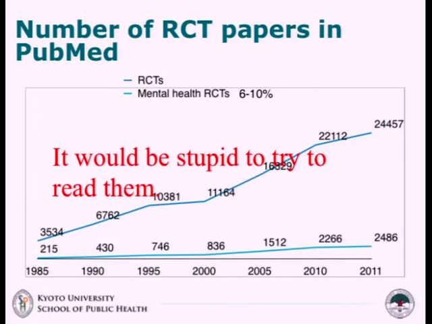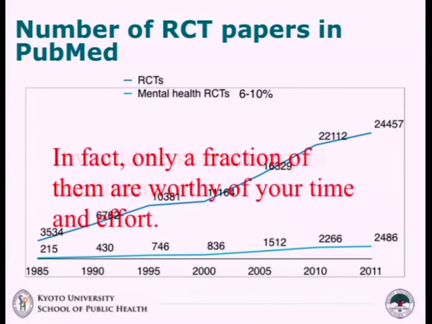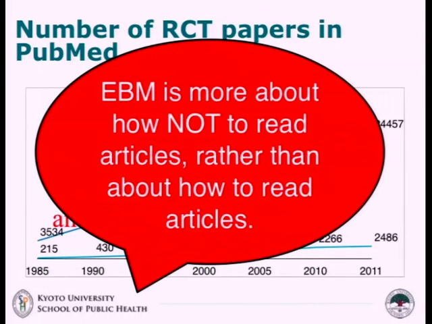It will be stupid, well, if not impossible, to try to read them all. In fact, only a fraction of them are worthy of your time and effort. EBM is therefore more about how not to read articles rather than about how to read articles.